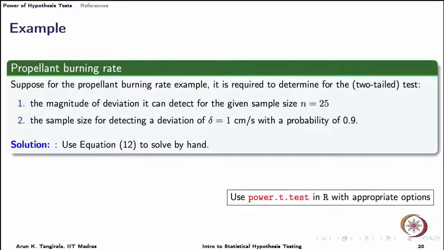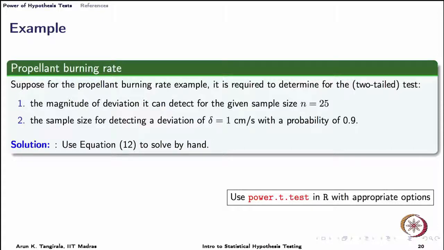So, let us look at the example we have here. Suppose again the same propellant burning rate example. Now, I want to determine for the two tail test two things. One, the magnitude of deviation that the test can detect for a given sample size, let us say 25, and the sample size that is required for detecting a deviation of 1 centimeters per second with a probability of 0.9, that means beta is 0.1.